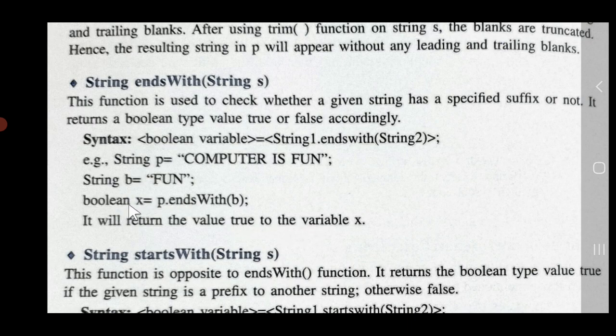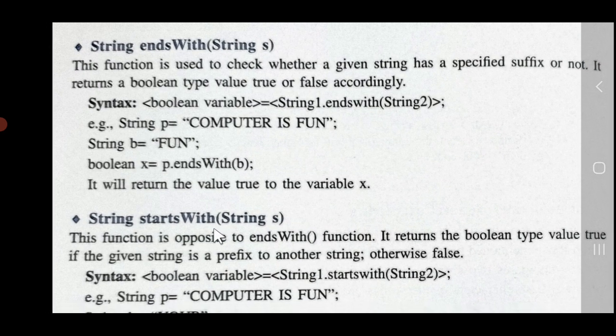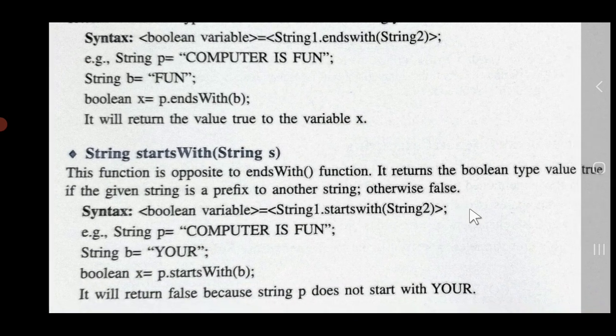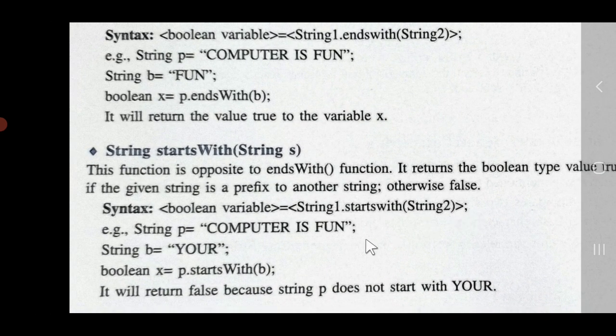After that, students, we have just the opposite of this, that is startsWith. Here string dot startsWith, in the bracket string s. This function is opposite to the endsWith function. It returns the Boolean value true if the given string is a prefix of another string, otherwise false.